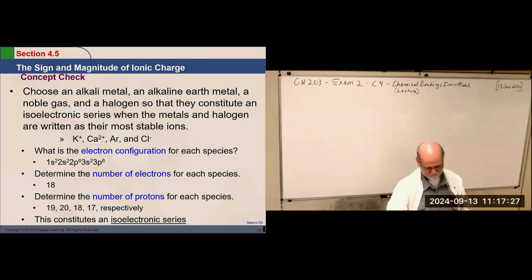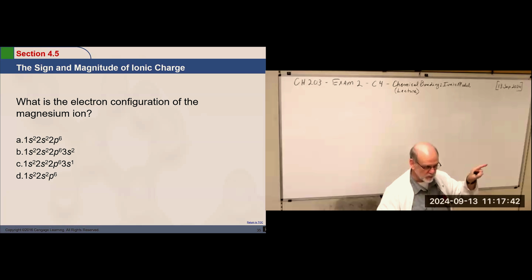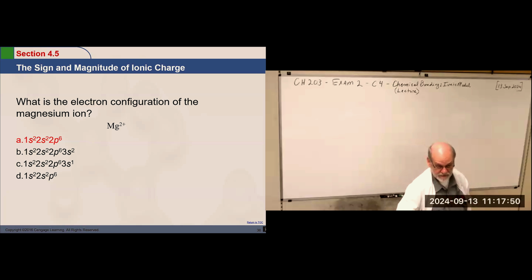If you look at the magnesium ion, it's going to lose 2 electrons, be a Mg2+, and look like neon. So all you have to do is pick the neon structure. There you go. That's its electronic structure.